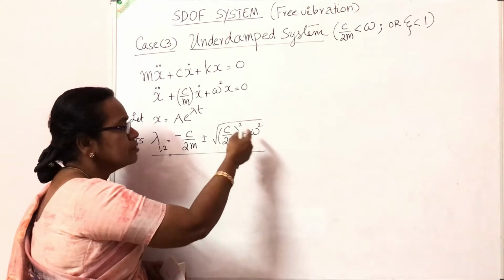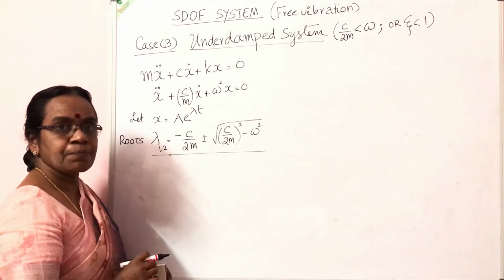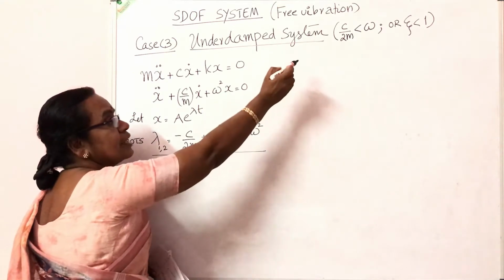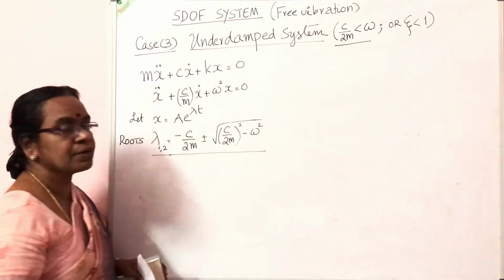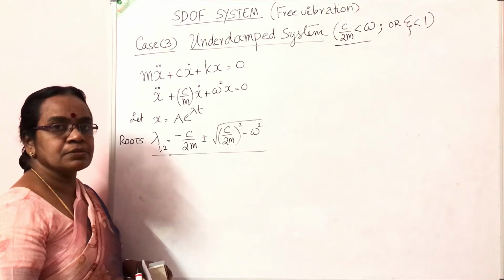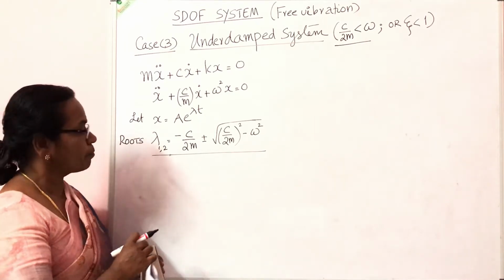If c by 2m is more than omega, it is an overdamped system. And now we are going to see the case when c by 2m is less than omega, or the damping ratio is less than 1. What is going to be the displacement response of this structure?